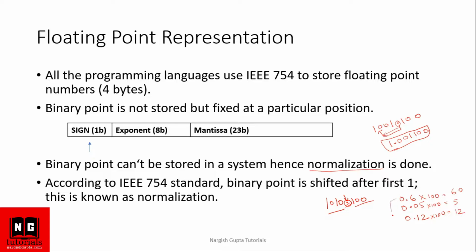So this is what normalization is. We just normalized all the values by multiplying them by 100. So we will see how we achieve this normalization in floating point representation also.